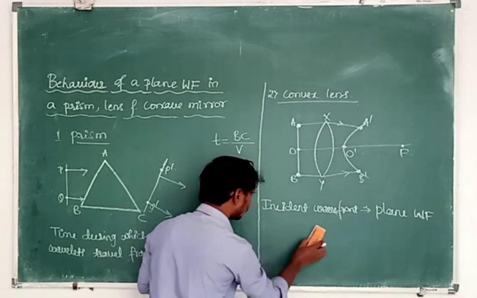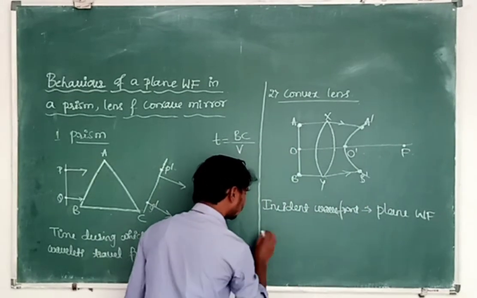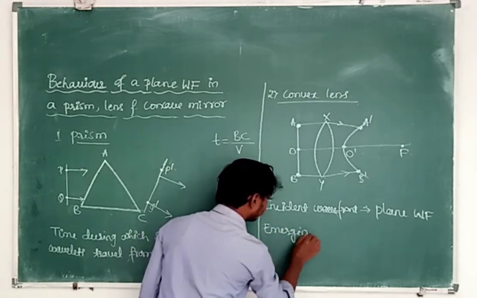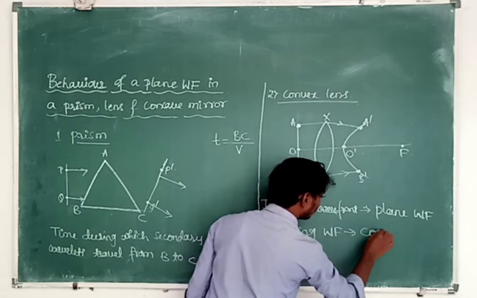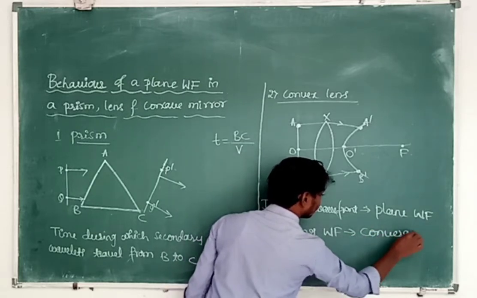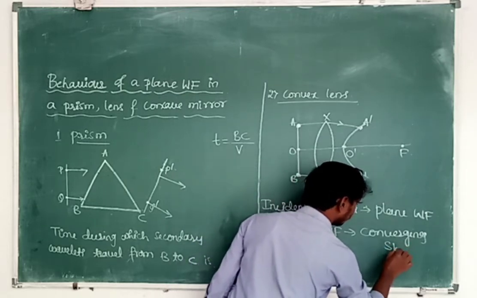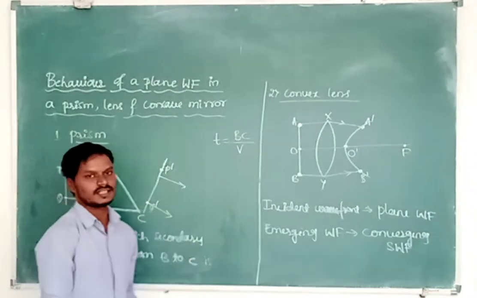I will call it the emerging wavefront, because it emerges from the lens. The emerging wavefront is a converging spherical wavefront, in the case of a convex lens.